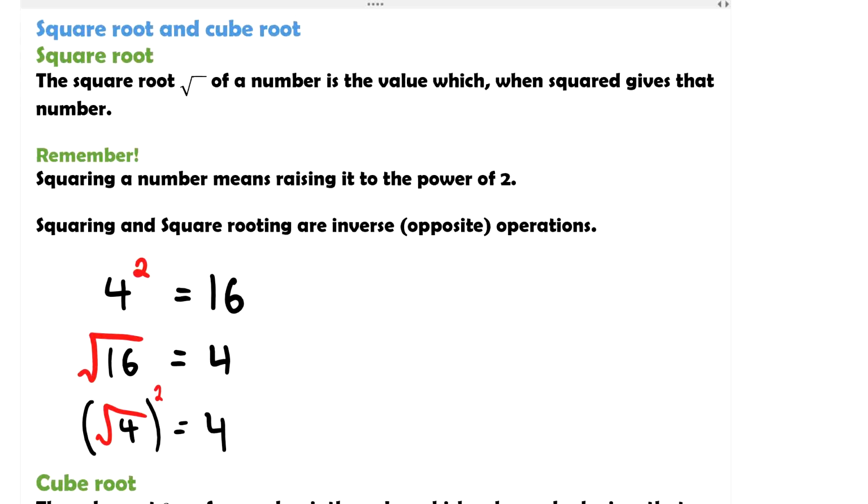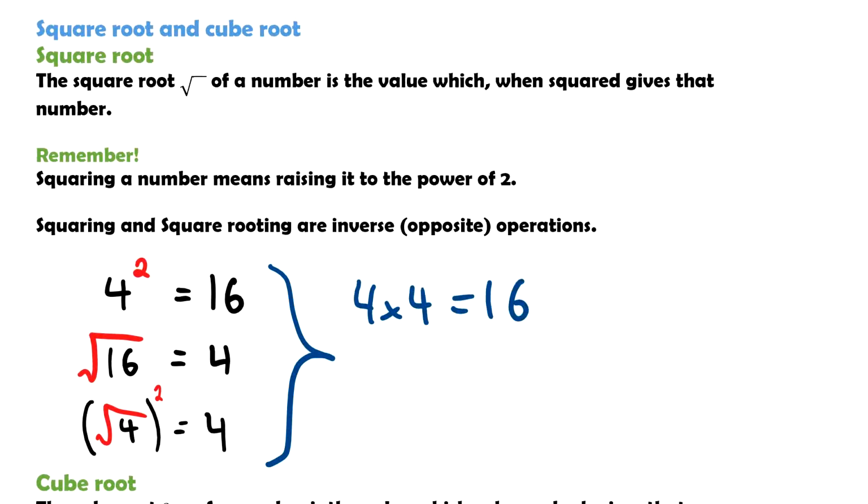If you have a look at my examples down here, 4 squared is the same as saying 4 times 4, so we get 16. Now the square root of 16 equals plus or minus 4, because essentially what the square root does is find the number that, when multiplied by itself, gets 16. 4 times 4 equals 16, and the plus or minus is because minus 4 times minus 4 also gives 16.